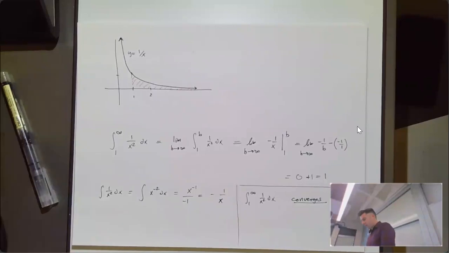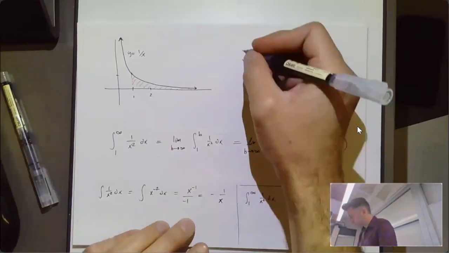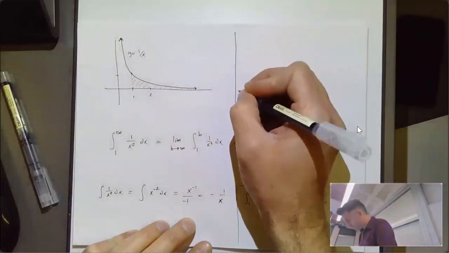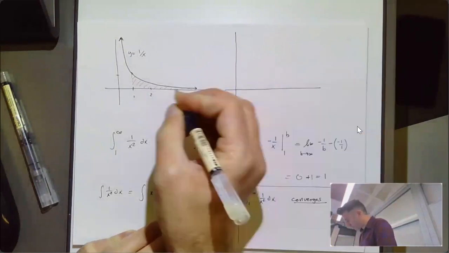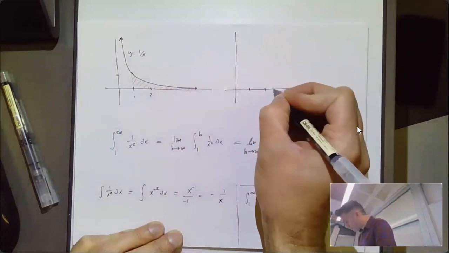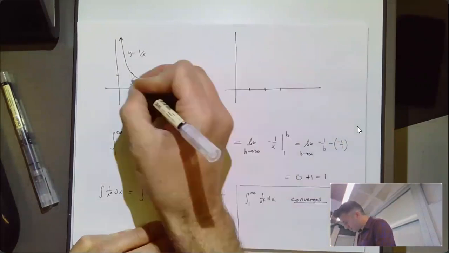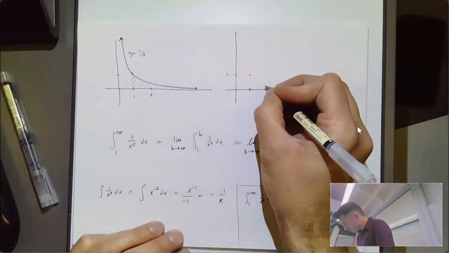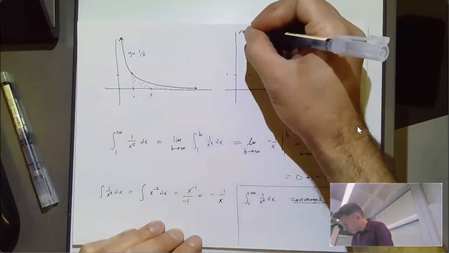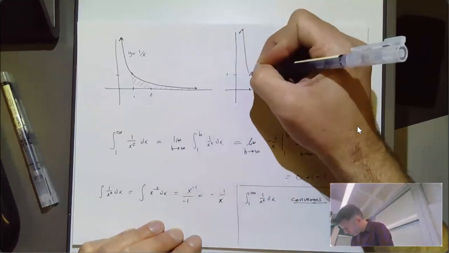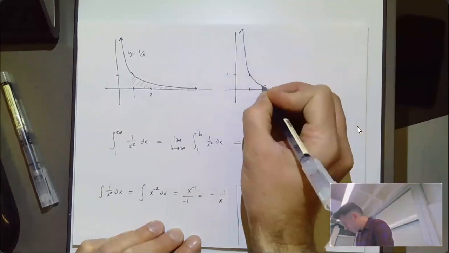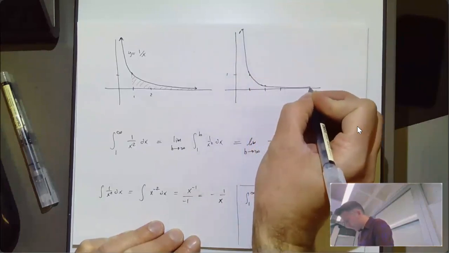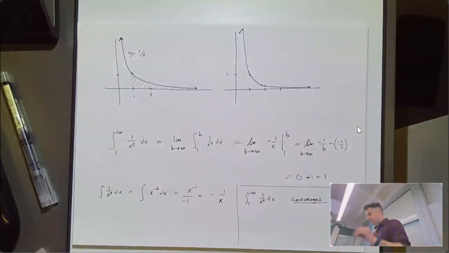So it's interesting that this other function, I'm going to try and draw these so they're close to each other. It's interesting that this other function, 1 over x squared, which looks similar to 1 over x, has a finite amount of area.